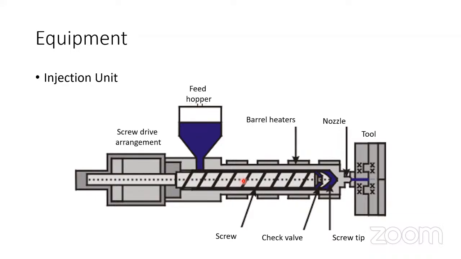It just pushes the material from here into the nozzle, then sprue, runner, and gate, and then cavity. The plasticized plastic melt will pass from this place into the mold through the sprue, runner, and gate system of the mold.